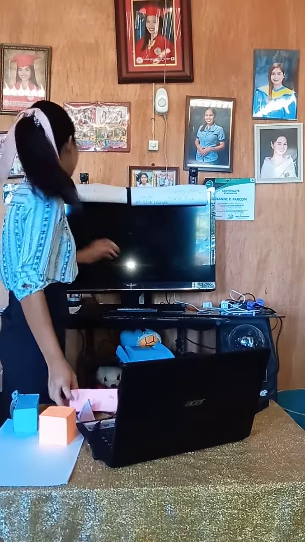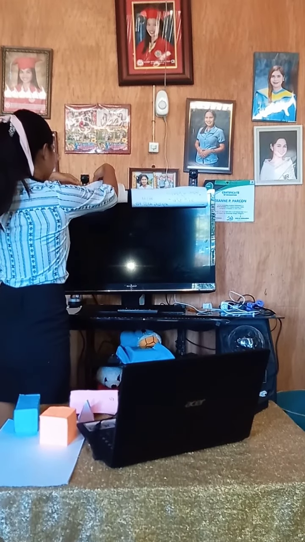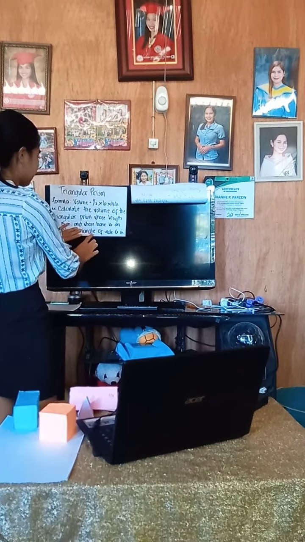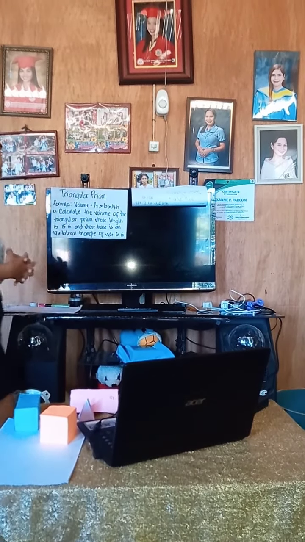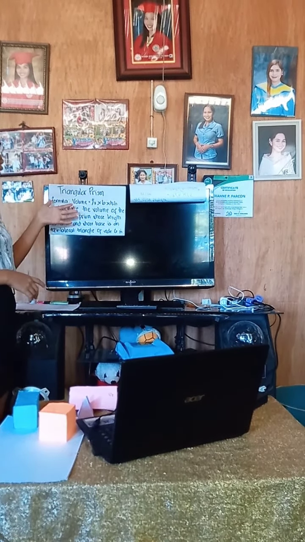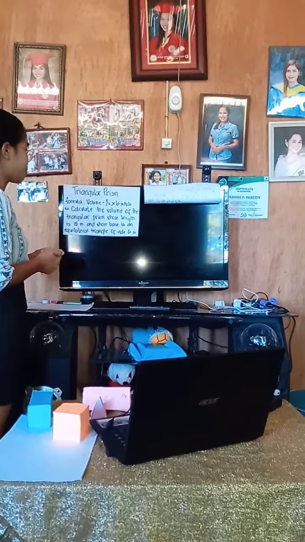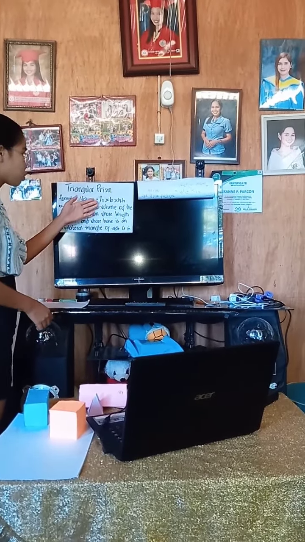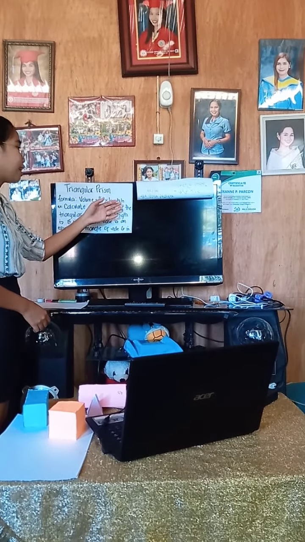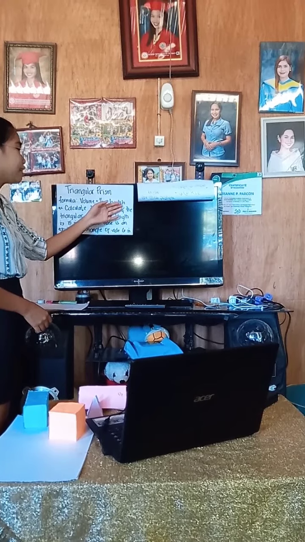Now I will present to you the formula of a triangular prism. The formula is: volume equals 1/2 times the base times the length and the height.